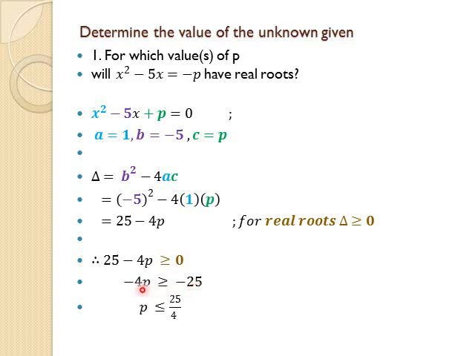Very important, just to refresh what you should know, if I divide by a negative, the negative changes the inequality sign and it goes from greater than to less than. So there, p is less than or equal to 25 divided by 4. Remember, negative divided by negative becomes positive. So any value of p that is less than or equal to 25 over 4 will ensure that we have real roots here. Right, I hope you understand.